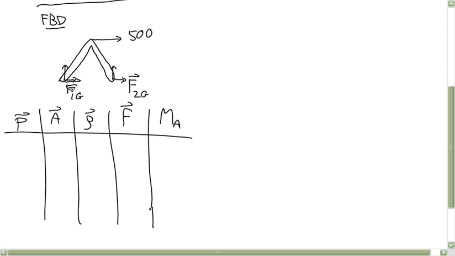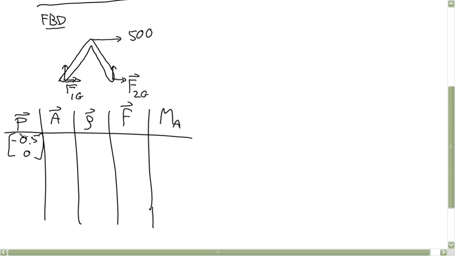Okay, so our origin is right here. So let's start with F1G. That is located at, what's the trigonometry on this? Each of those sides is, okay, right. Yeah, I guess you don't need trigonometry for that, do you? So negative 0.5, 0.